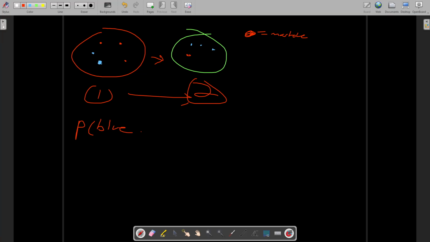So blue in both. What you can set this equal to is the probability that you get blue in the first, and this upside down n means and, blue in the second.